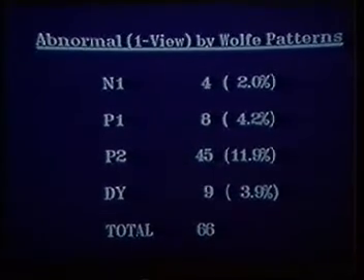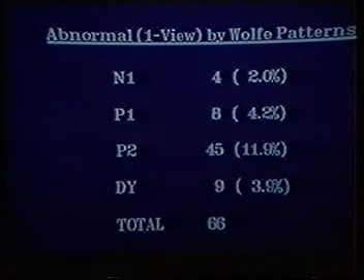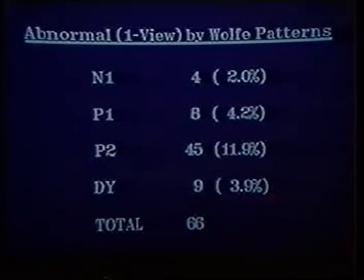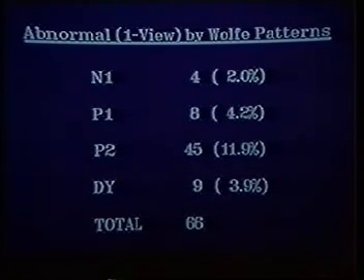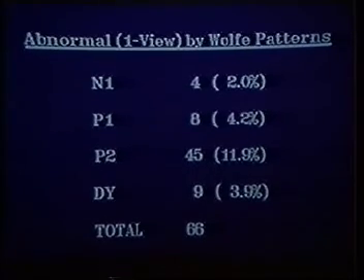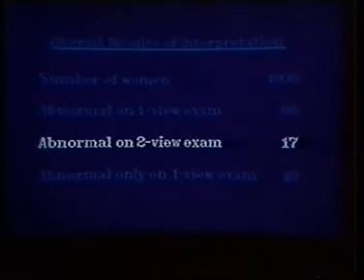The most likely pattern to have abnormalities is an intermediate density P2 pattern, and actually the densest pattern, the DY, has fewer abnormals than one of the less dense P1 patterns. So this correlation is nowhere near as good as that from absolute density. We'll talk about that when we get to a cost analysis later.